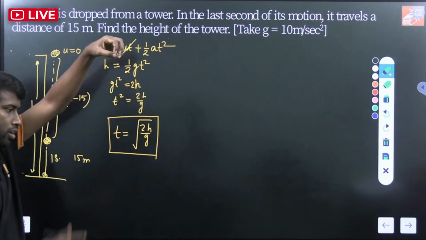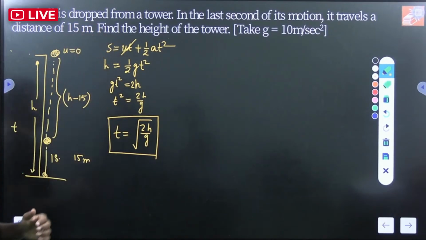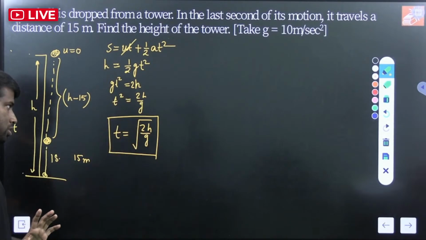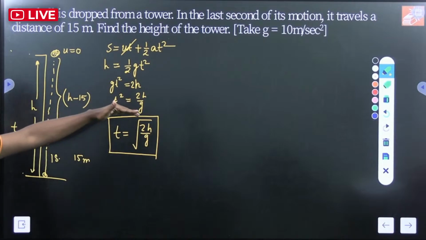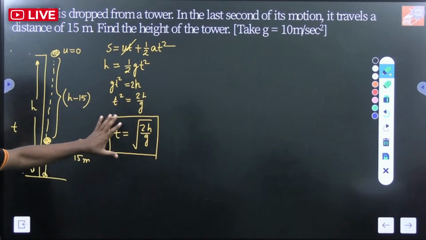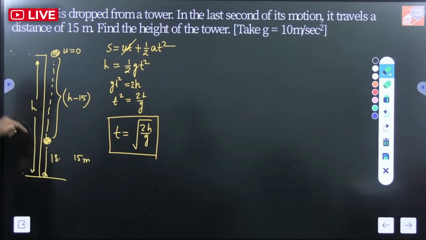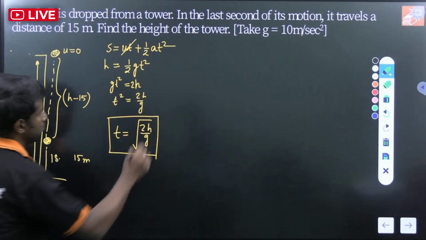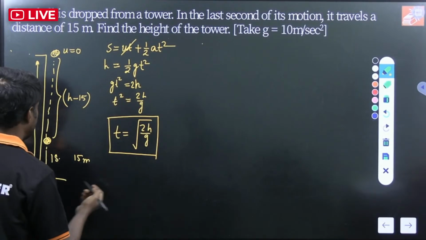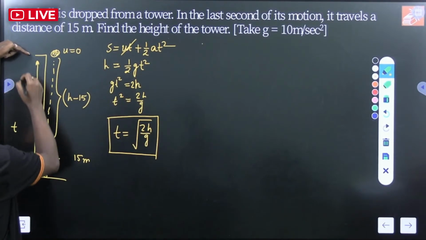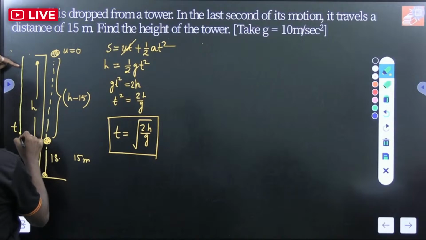It will travel h distance when it takes t equal to root over 2h by g. If you remember this formula, you don't have to follow these steps. Anyone can start from here. So this one is your t.